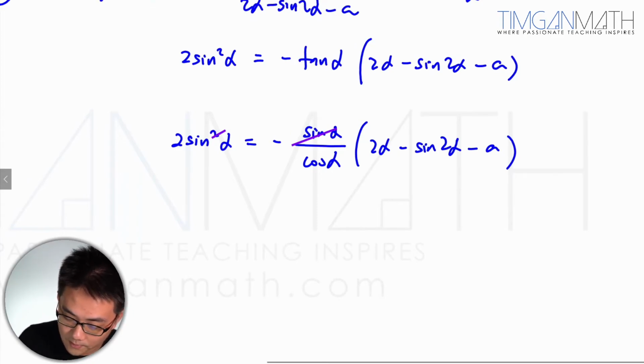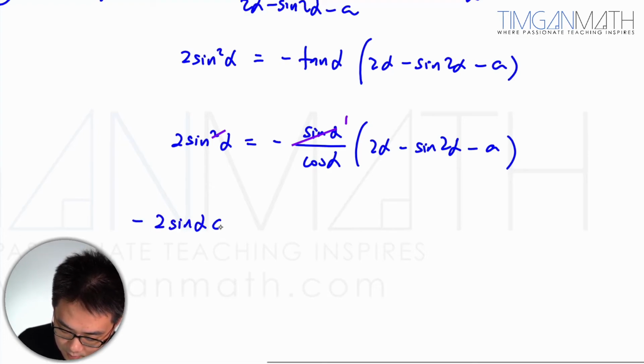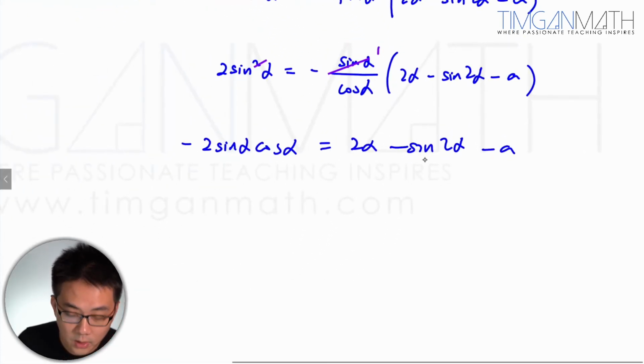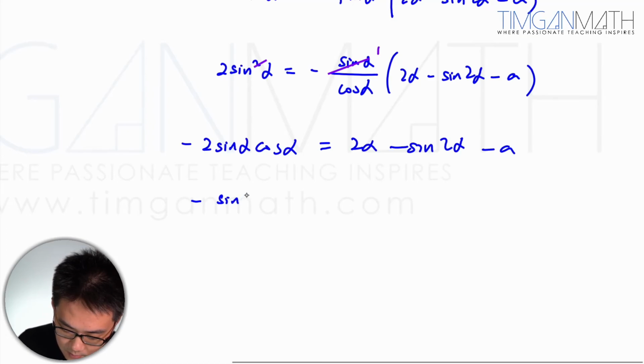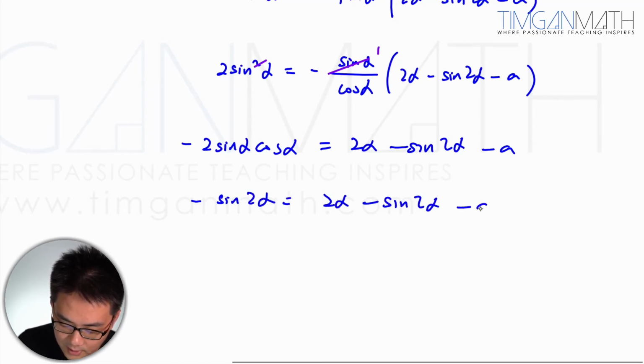So this part will be 1. And multiplying this up, there will be cosine 2 sine alpha negative cosine alpha is equal to 2 alpha minus sine 2 alpha minus a. Great, so it looks promising because this is actually this, right? So this is actually 2 sine 2 alpha equals 2 alpha minus sine 2 alpha minus a.